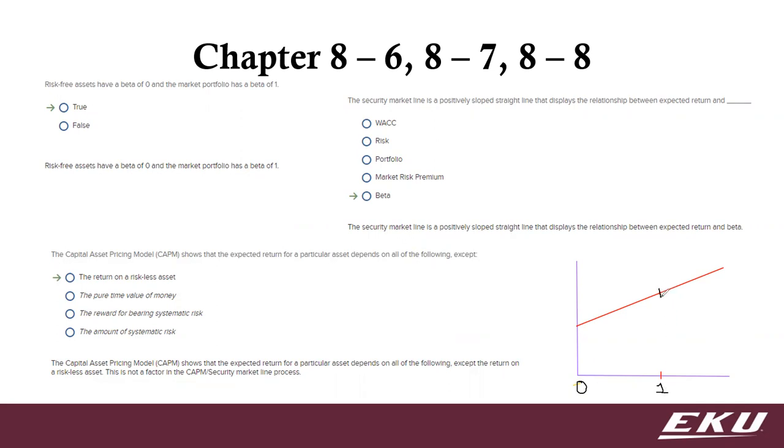And then this would be the market return and the risk free. And the difference, the return on the market minus the risk free, this is that market risk premium. So that's what we're getting at with the security market line, this relationship.